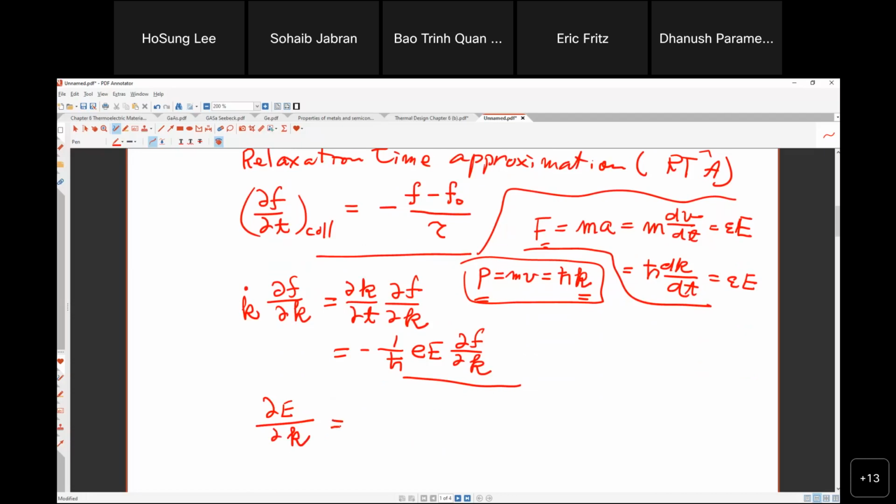The energy of the particle is h squared k squared over 2m. I think you remember.